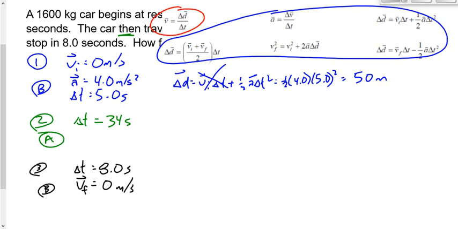V is equal to delta D over delta T, or D is equal to V times T. But my problem is I don't know what V is. Any suggestions? Any suggestions there to find V?